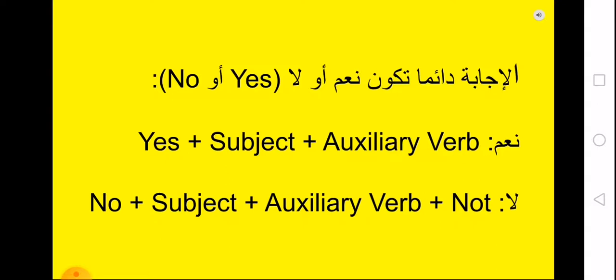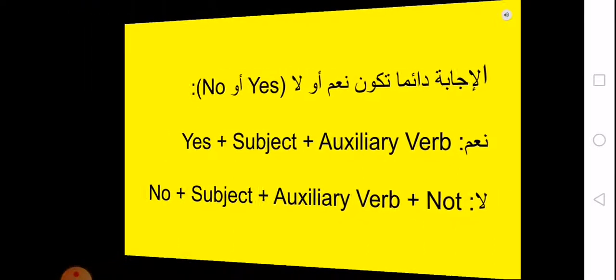If your answer is yes, you are going to write yes, followed by the subject and auxiliary verb. If your answer is no, you are going to write no, followed by the subject and auxiliary verb, and then we are going to write not.